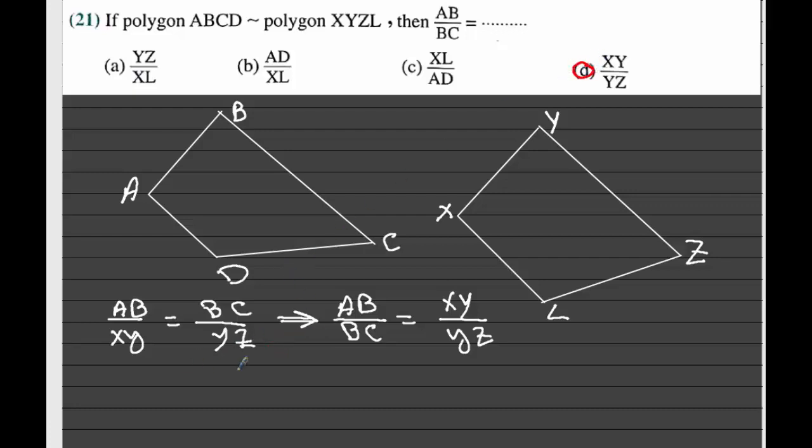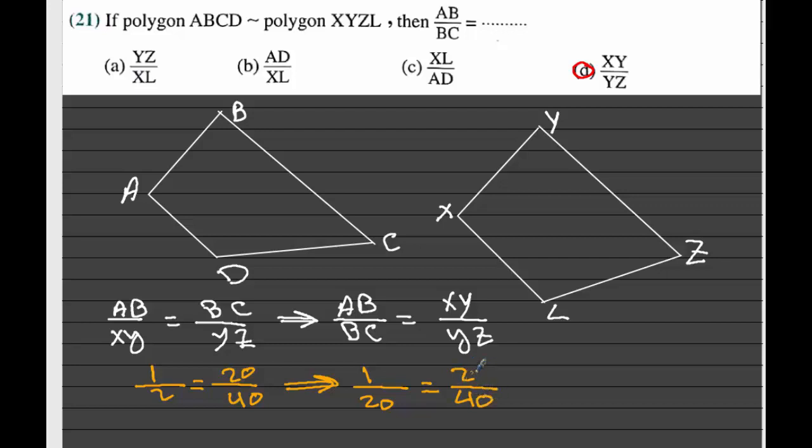Okay. Example for this. We know that 1 over 2 equals 20 over 40, right? So 1 over 20 equals 2 over 40.